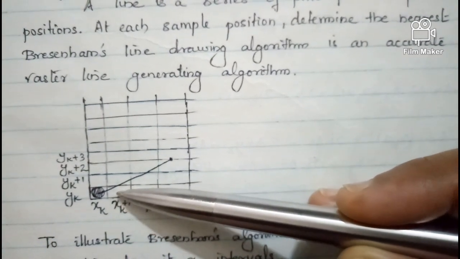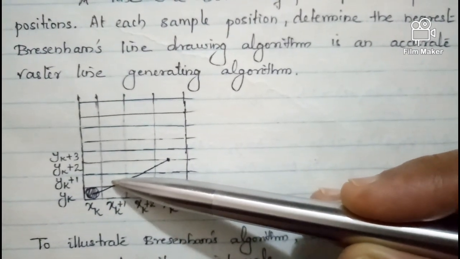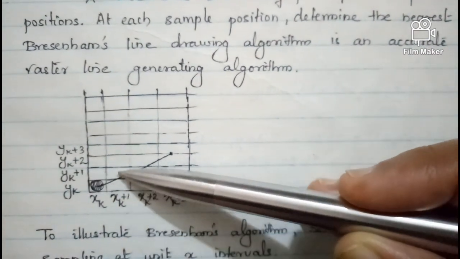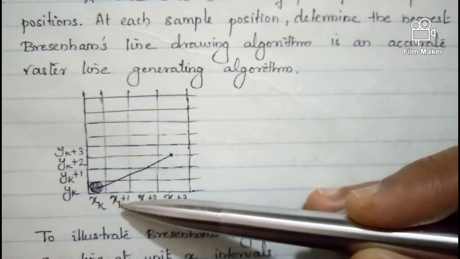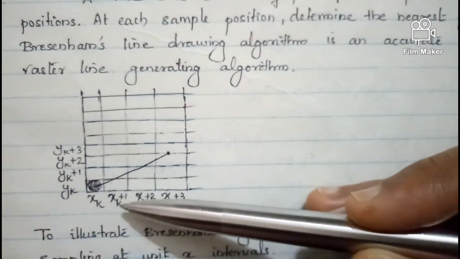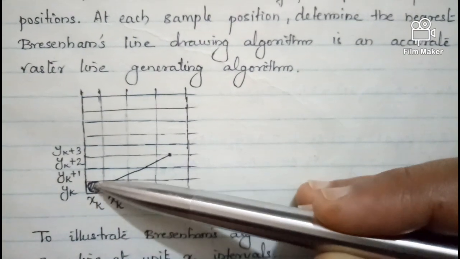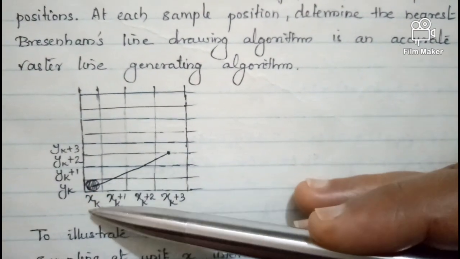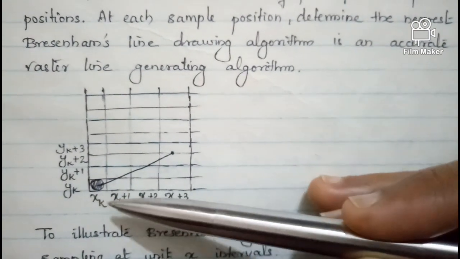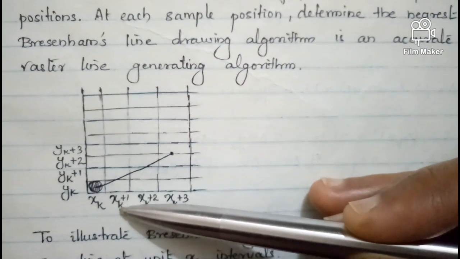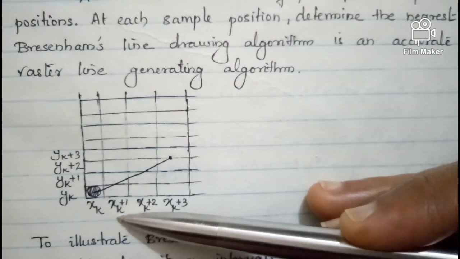But if I am selecting this one, then the name of the pixel will be xk plus 1, yk plus 1. That means there is no doubt that the next value of x is xk plus 1. At this position, the value of x was xk, and at the next position, definitely the value of x is xk plus 1.